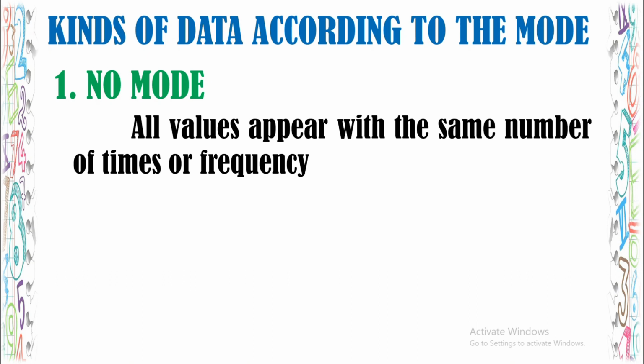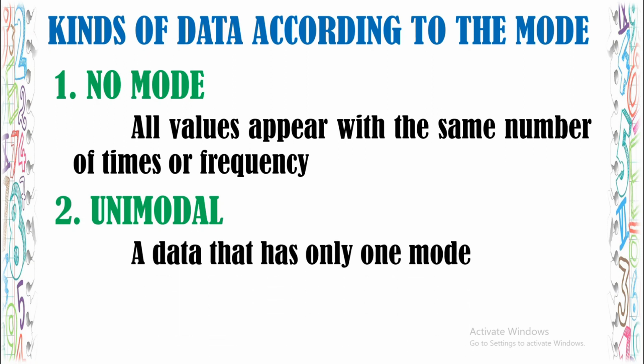From the definition of mode, it must be the most frequently appearing value in a given data. Second type, we have unimodal. From the name itself, it's unimodal if the data has only one mode.